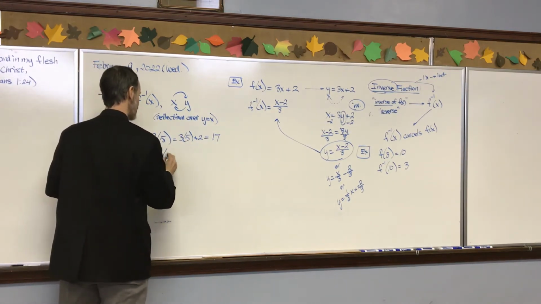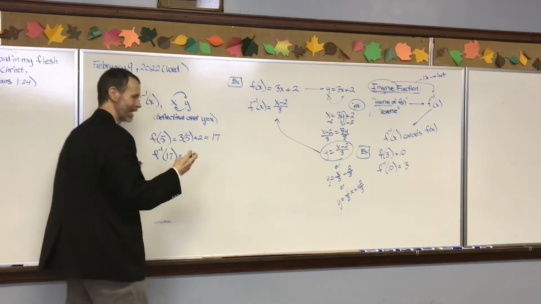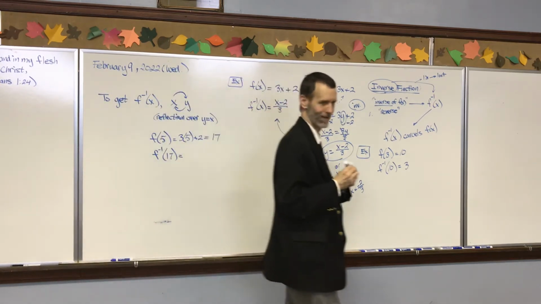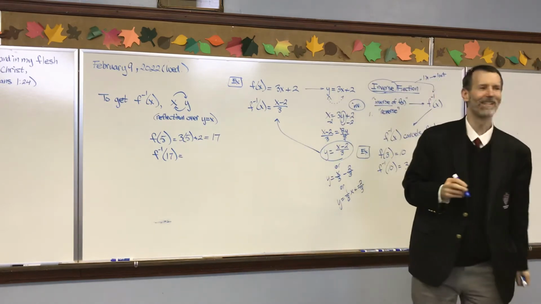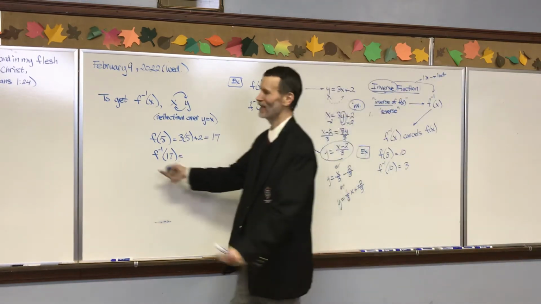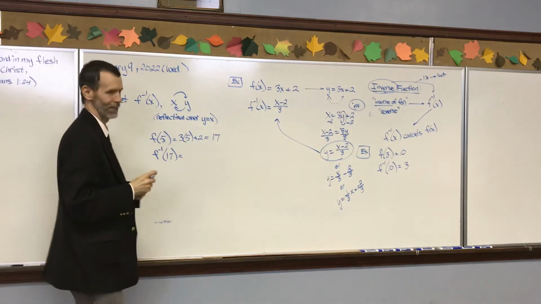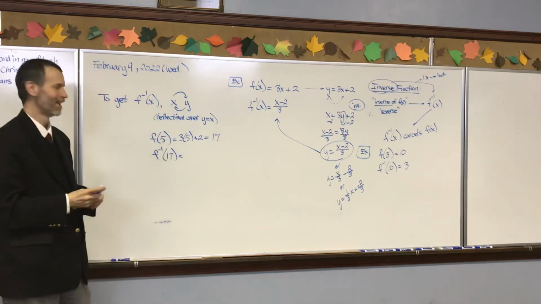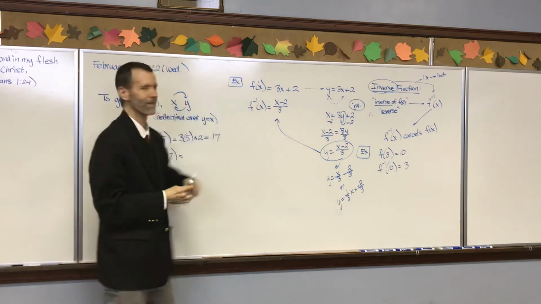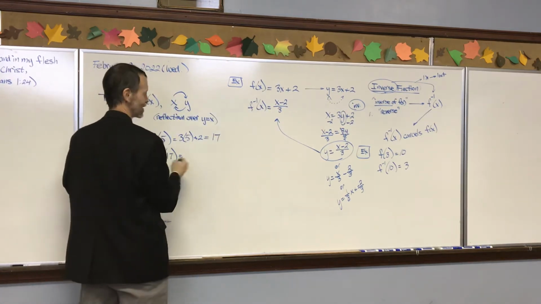f inverse, what should I get if I plug in 17? Randy? If I plug 17 into the inverse function, what should I get back? 5. Let's see if it works. Actually, go for it. Use this one. I'll plug in 17.